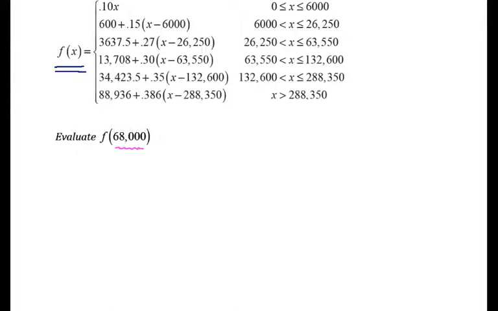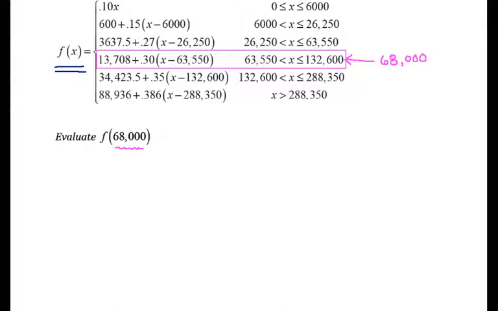And I can see after examining these for a moment that 68,000 is in this one here between 63,550 and 132,600. I have to read this from right to left in order to really use it, right? I look on the right to figure out what bin I'm in, and then I read over to the left to figure out what formula I should apply.